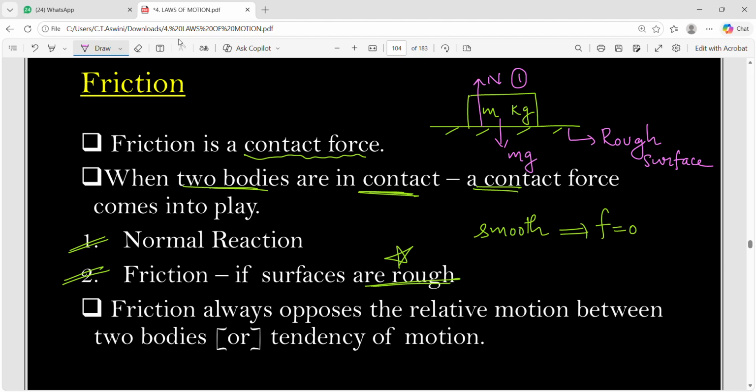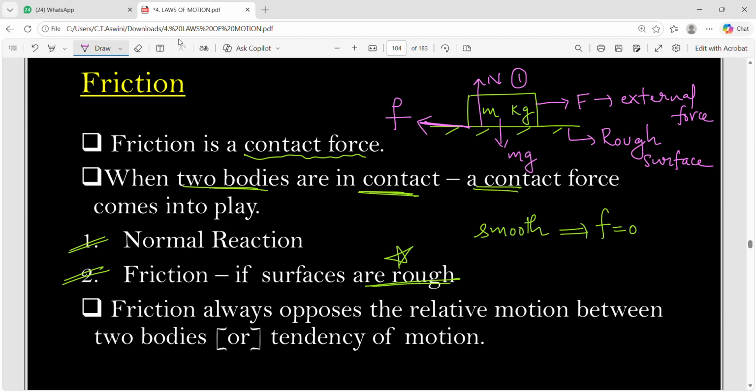Again, for suppose imagine the block is given a push. See, what is capital F? As I told you, capital F means external force or applied force. What will be the direction of frictional force here? Frictional force will be in the backward direction. And this will be at the contact again. Block M is in contact with the rough surface.